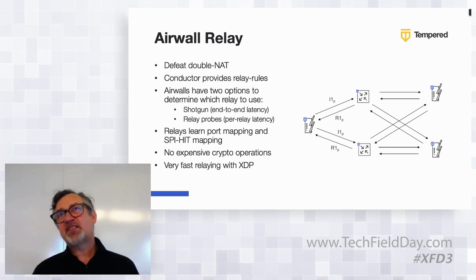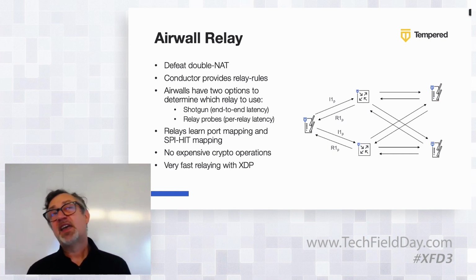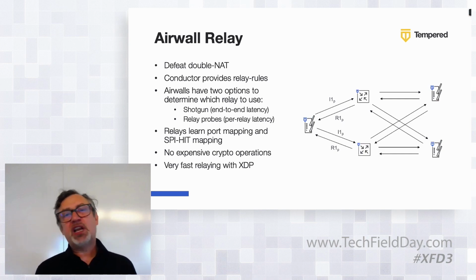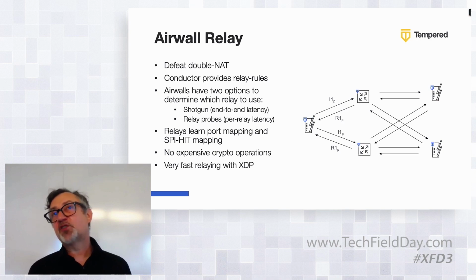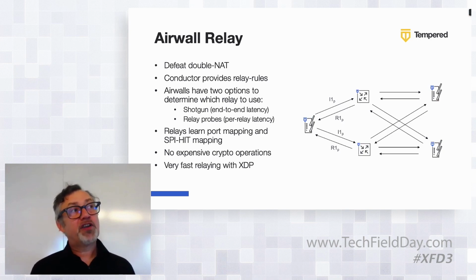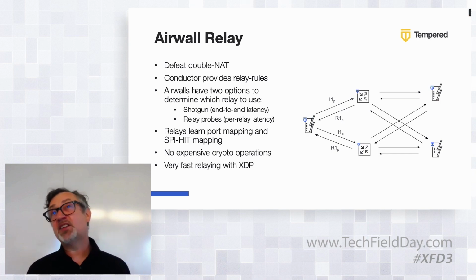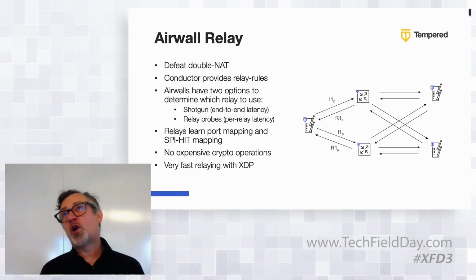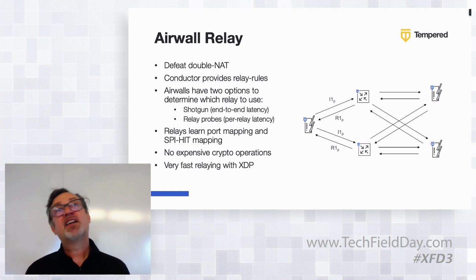And while they do that, they actually send I1 packets to each of the relays. The relays really aren't involved in any of the base exchange. But what they do have to do is learn the mapping of the identities and the IPs and ports of each of the participants. So the relays know which air wall has which IP address and all of that.